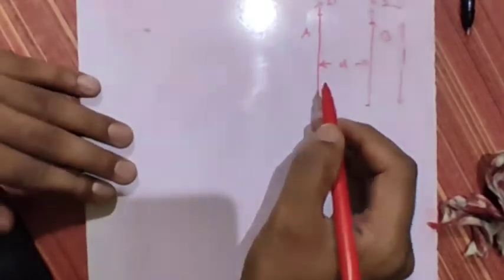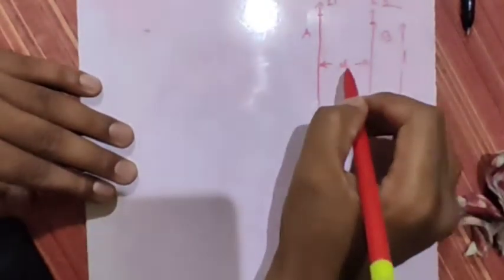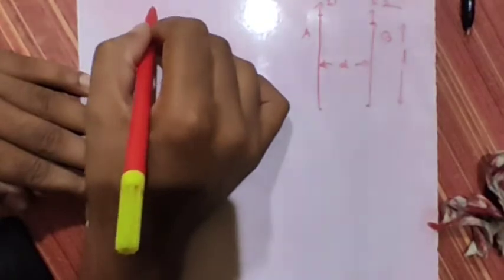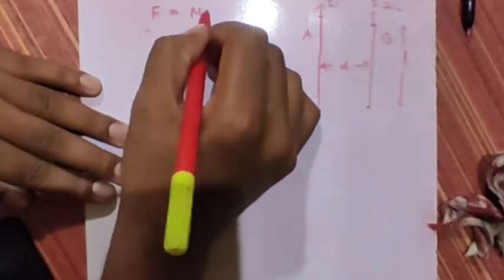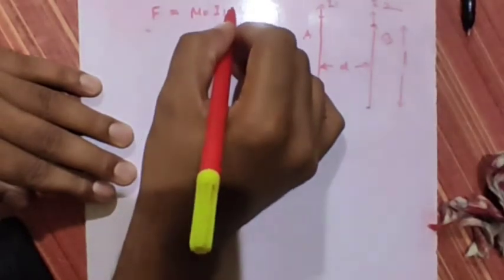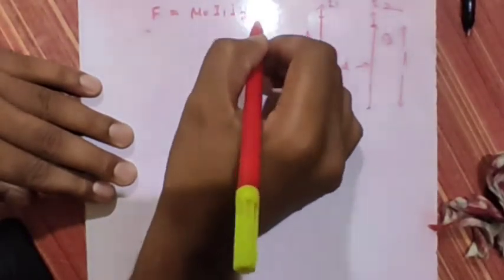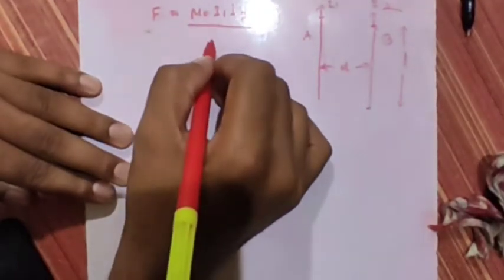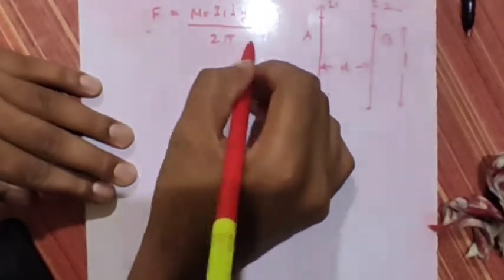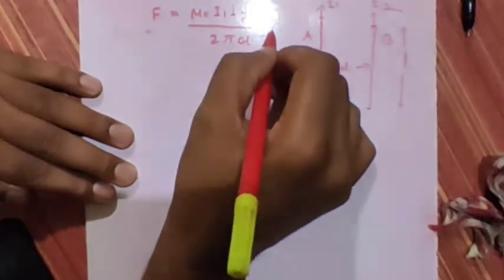So what is the force between them? Force is equal to mu naught I1 I2 L upon 2 pi d newtons.